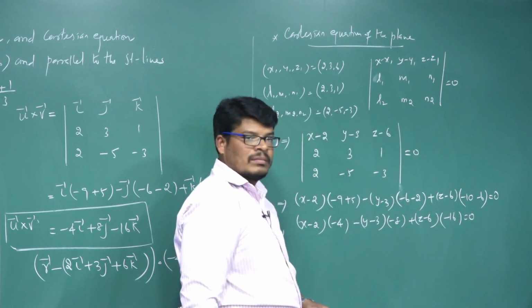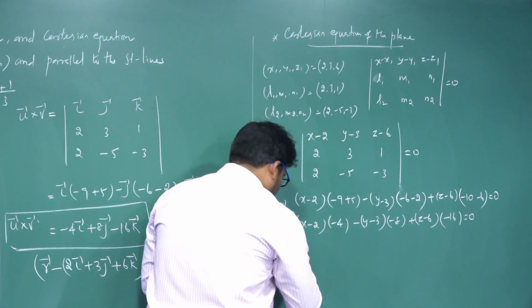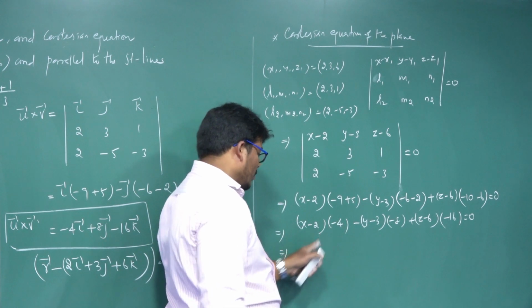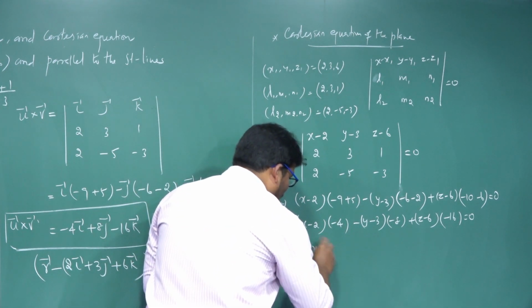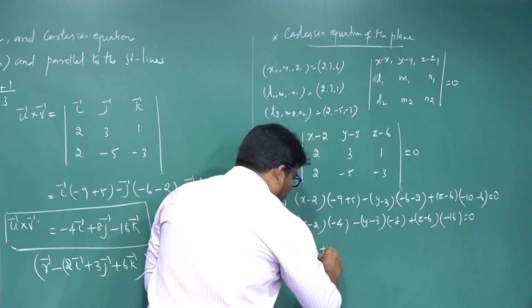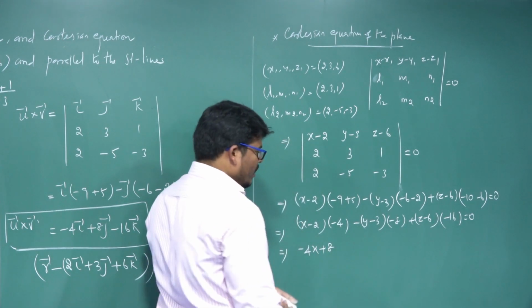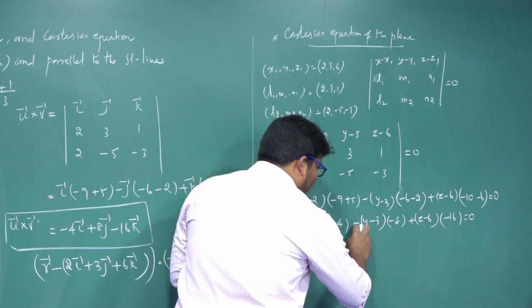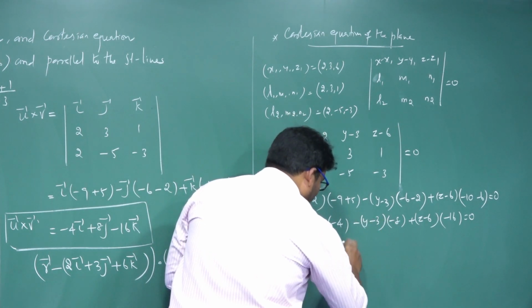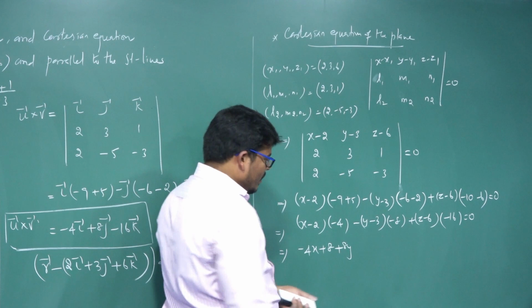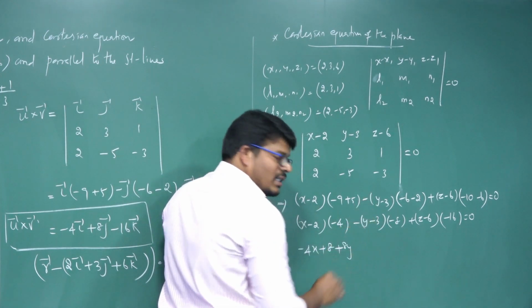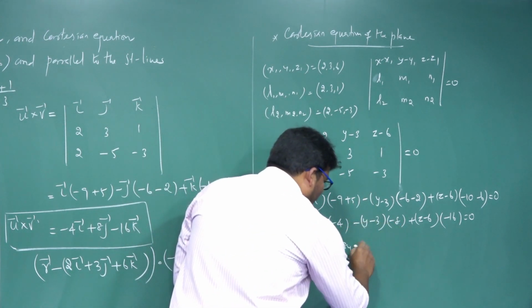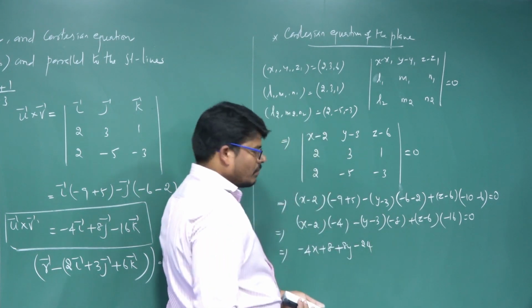The next step: multiply minus 4 into x, minus 4x, minus 4 into minus 2, plus 8. Next, multiply by minus into minus, plus 8 into y, plus 8y. Next, minus into minus 8 into 3, plus 24.